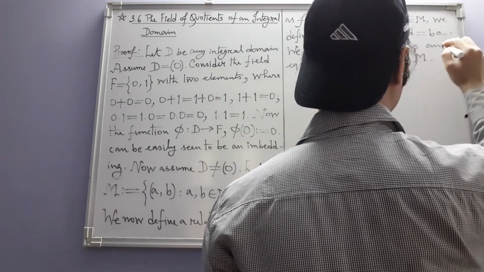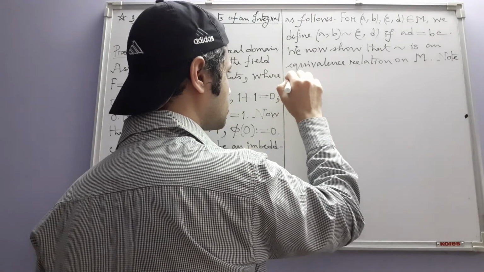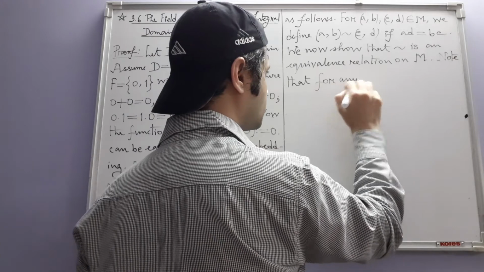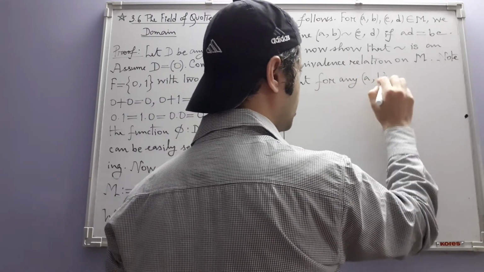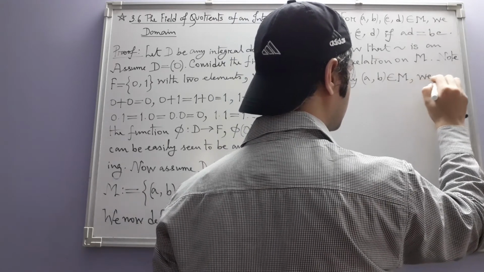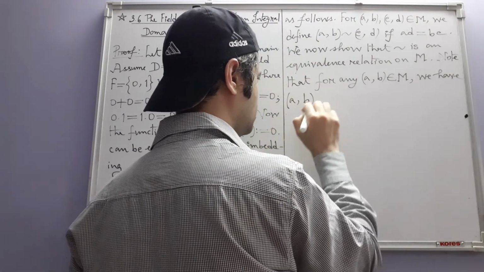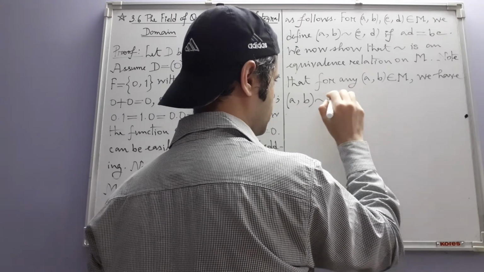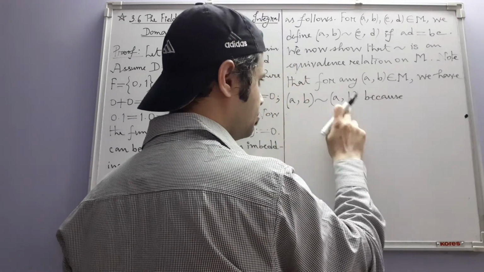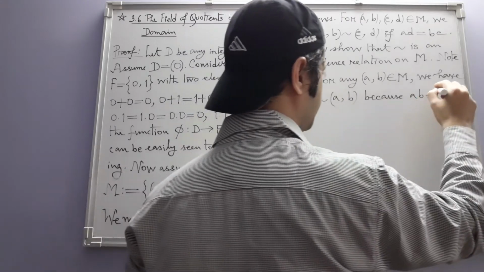Okay, note that for any (A, B) belonging to M, we have (A, B) is related to (A, B), because AB is equal to BA.